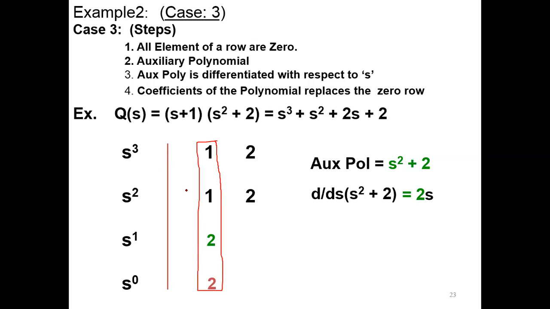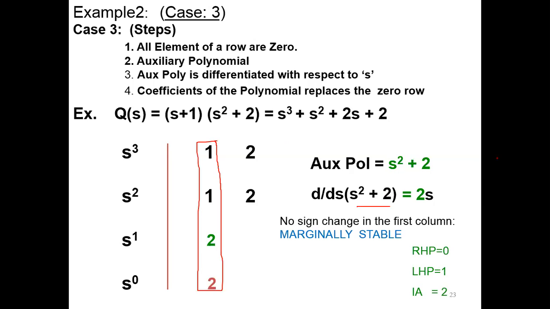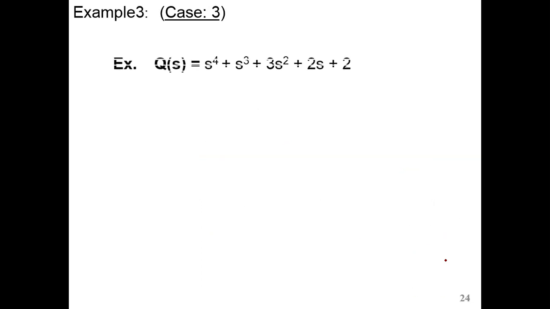So two poles will be on the imaginary axis. So the system will be marginally stable, and as there is no sign change, the remaining one pole will be on the left half plane, and 0 poles in the right half plane.